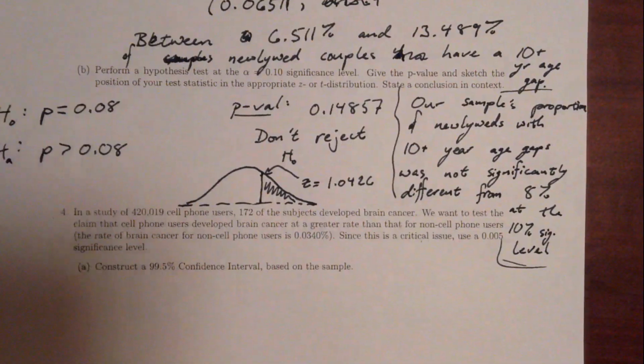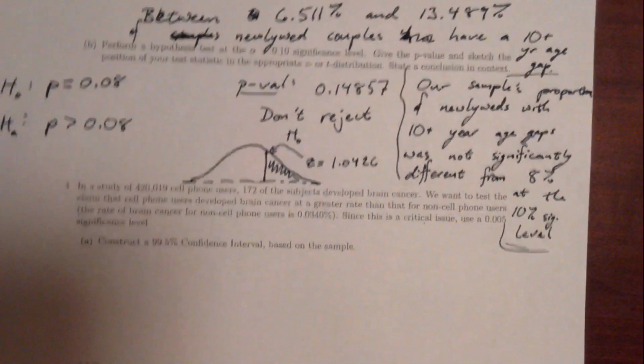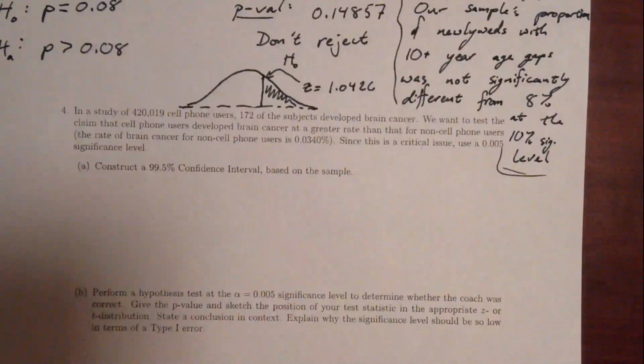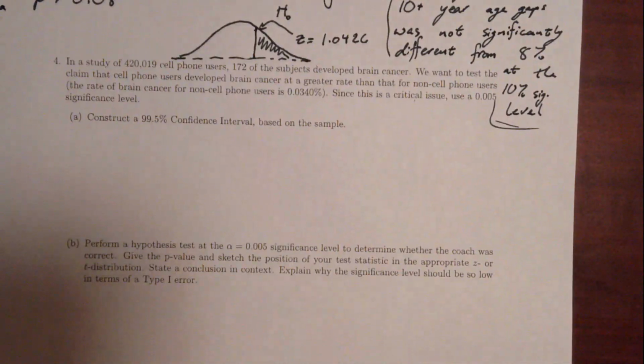All right. So that last one was a situation that is just for fun. And so a lower confidence level was able to be used. Here, we are going to look at cell phone users and brain cancer. So, a study of a lot of cell phone users, so more than 400,000.